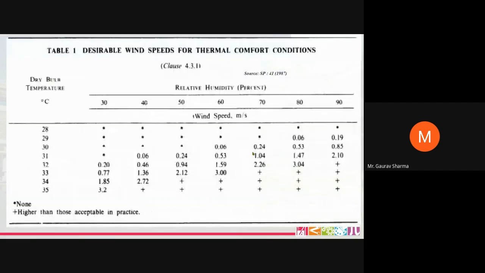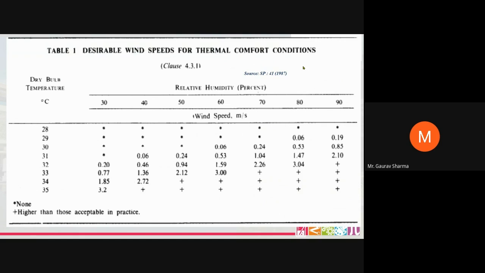Okay, but in Indian context or in Indian perspective, what we generally follow, that is the guideline given by the SP 41 1987. SP means the special publication. Okay, by the Bureau of Indian Standards, there is the special publication 41.